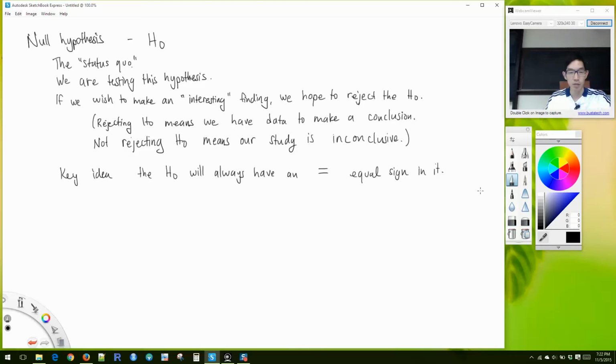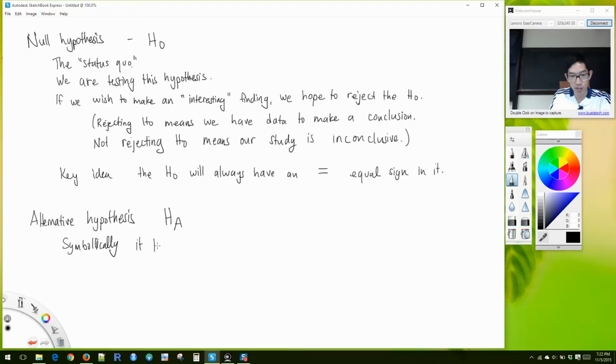Okay, so when we set up our alternative hypothesis, the HA symbolically, I don't know if I'm spelling this correctly, probably not.